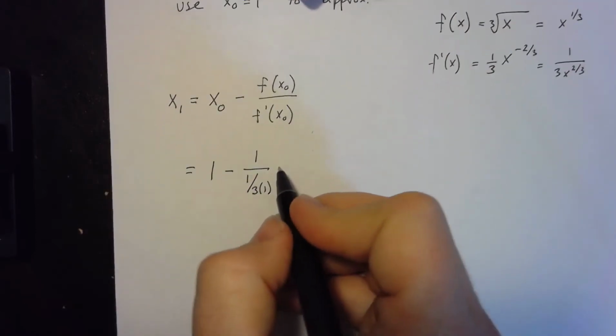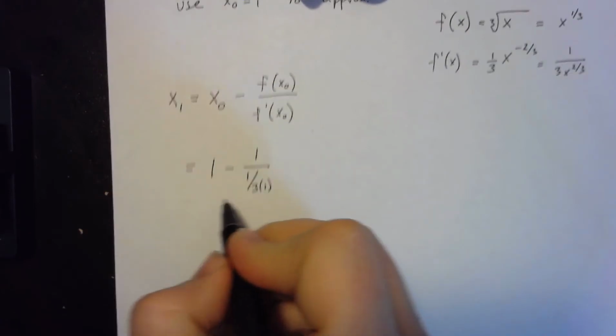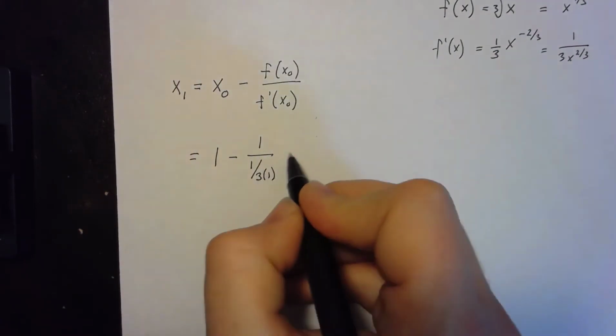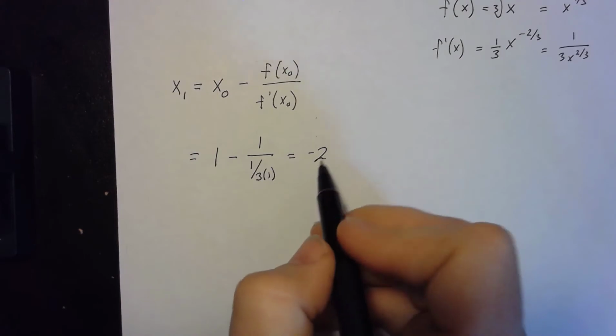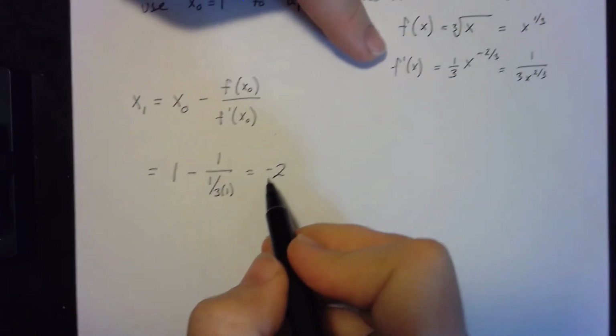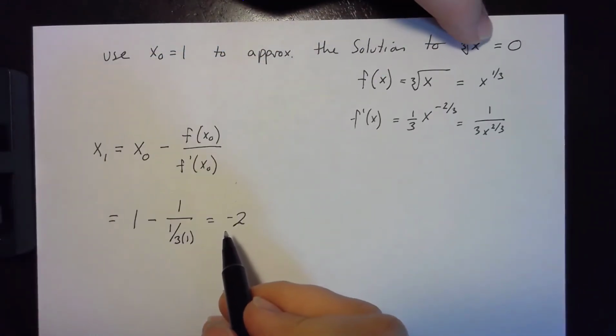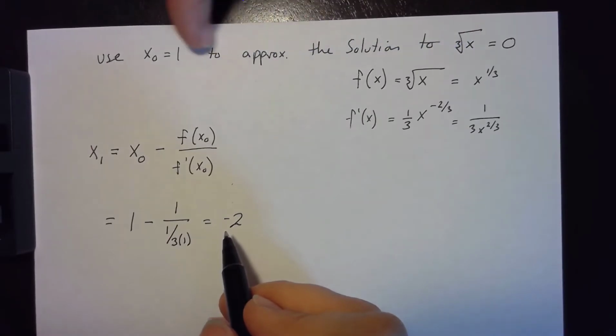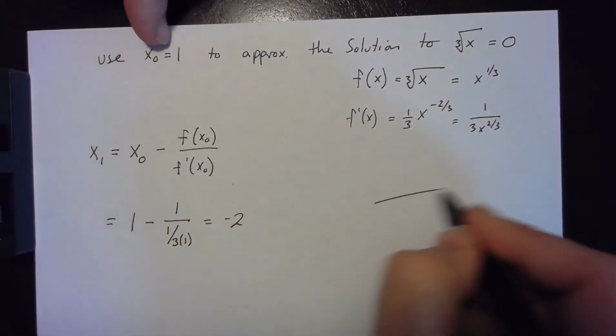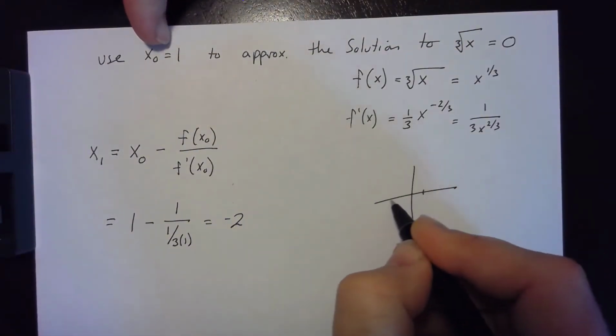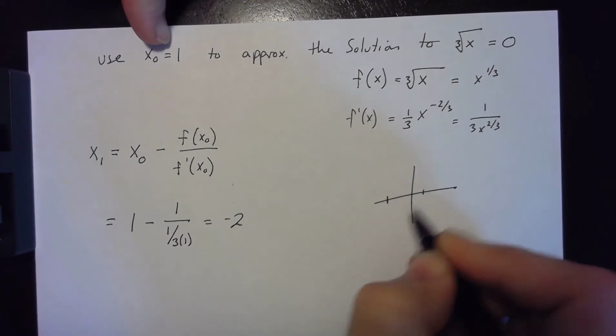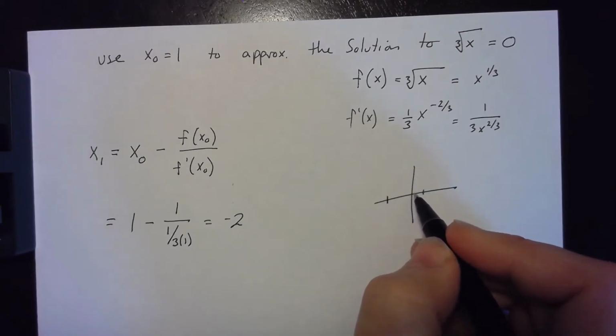So this here provides me with a value that looks closer to 1 minus 3, which is actually a negative 2. So you'll notice that this actually bounces past the 0 that we know is there. Okay, so again, we tried 1 on a graph, and it took us to a negative 2 somewhere way over here, not to this 0 point.